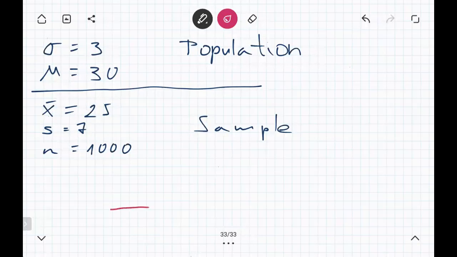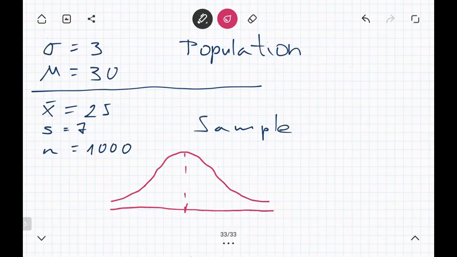So for example, if the true population mean is somewhere here, so your sampling distribution looks like this, then your sample won't be right in the middle. It will be somewhere here, for example, or here, and so on. So the value of your sample mean will be different from the value of the population mean. Let's say here we have a population mean, and here we have a sample mean.